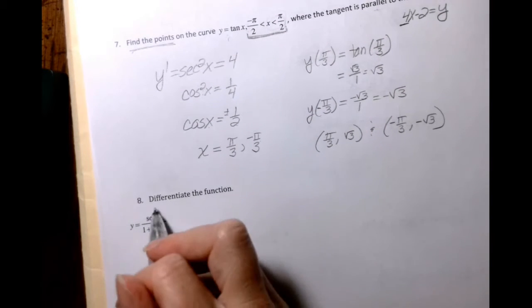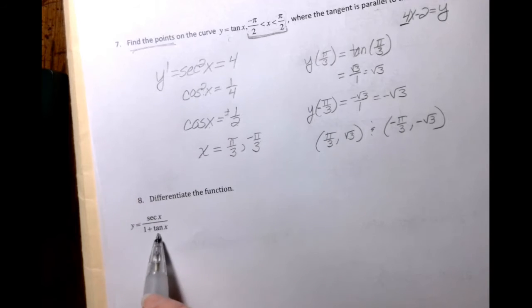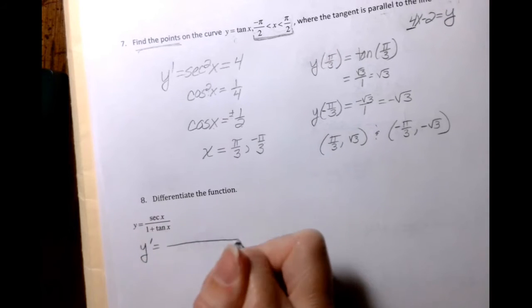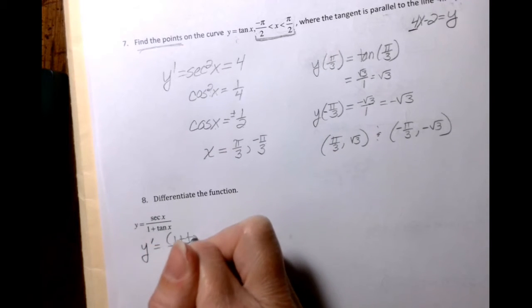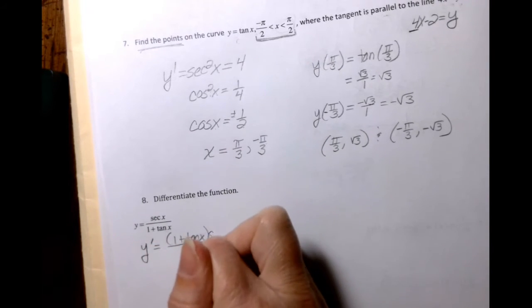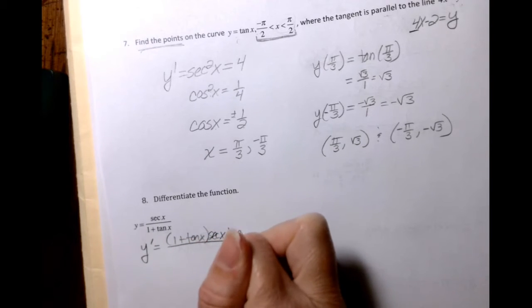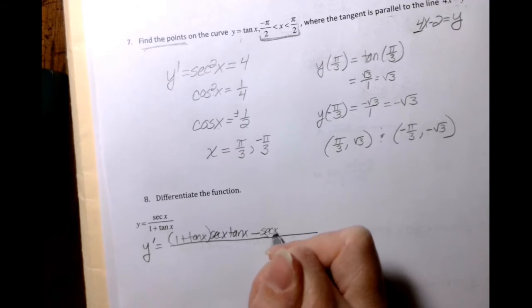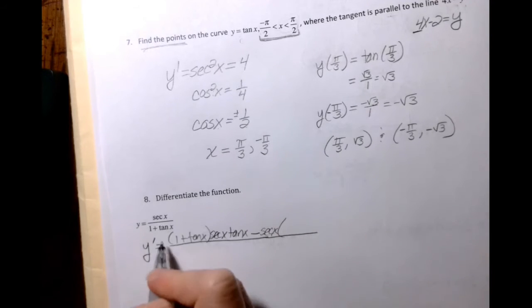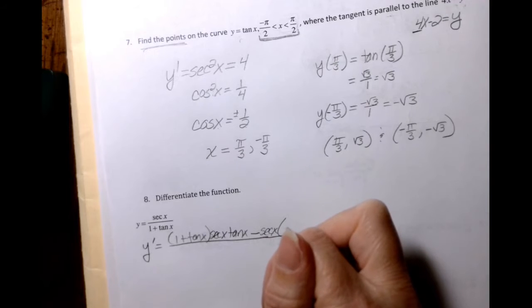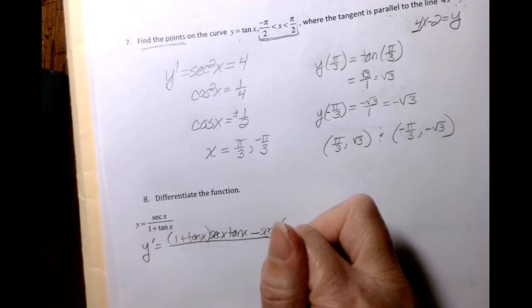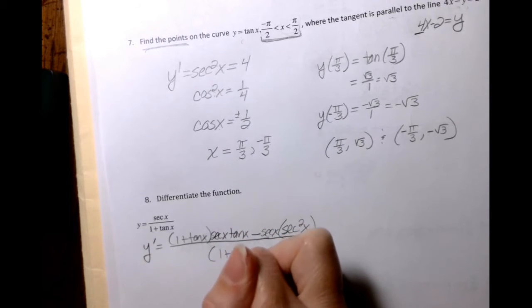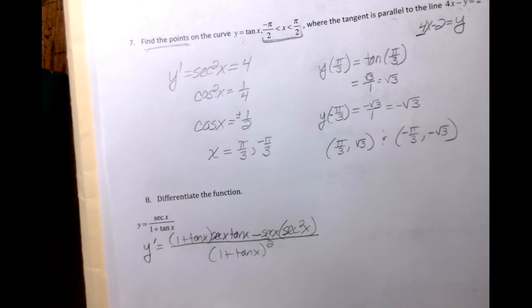Differentiating. I see a quotient. It cannot be simplified because we have two terms in the denominator. Y prime equals low, as is, d high, secant tangent, minus the high function, secant x, d low, derivative of 1 is 0, derivative of tangent is secant squared, all over denominator squared.